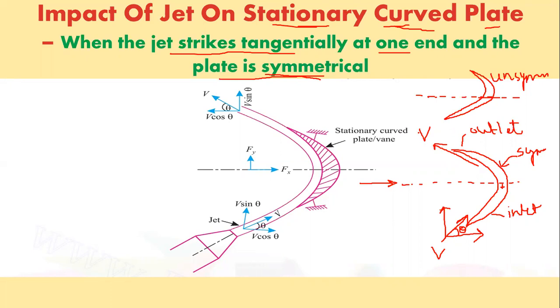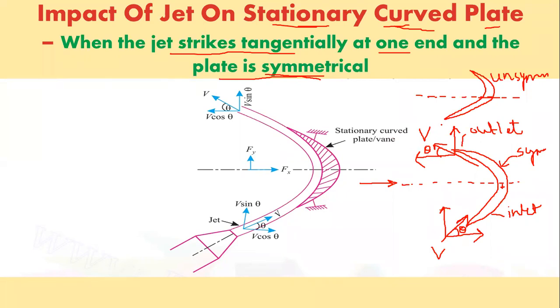At the outlet the velocity is v, which is also the inlet velocity, but this is also inclined, so we will give this velocity at the outlet two components as well. And as the entire curved plate is symmetrical, the angle at the inlet will be equal to the angle at the outlet, that is theta. Why? Because the plate is symmetrical.